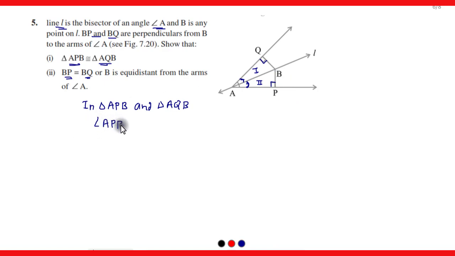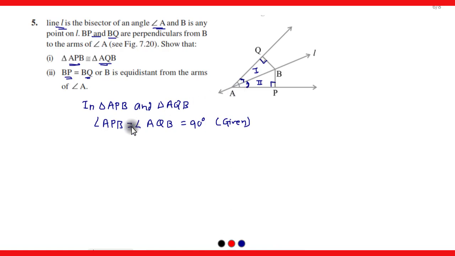angle APB is equal to angle AQB. Reason each are 90 degrees, that is given. Correct? Because this BQ is perpendicular to this arm and BP is perpendicular to this arm, and therefore both are of the measure of 90 degrees. Now L is bisector of this angle, therefore this part and this part of the angle will be equal.